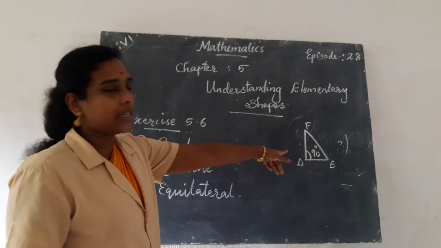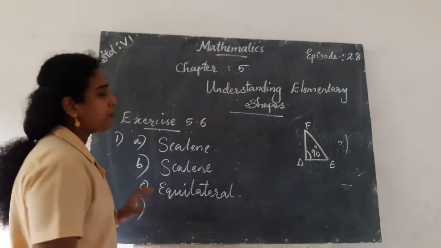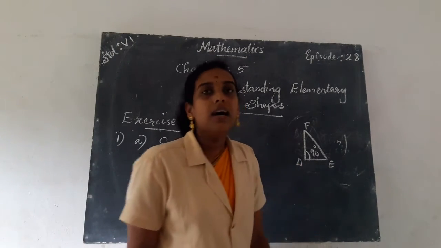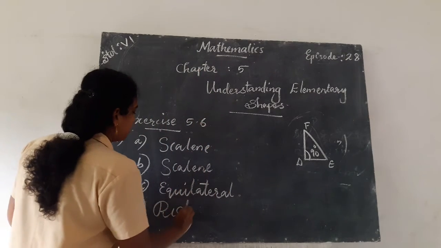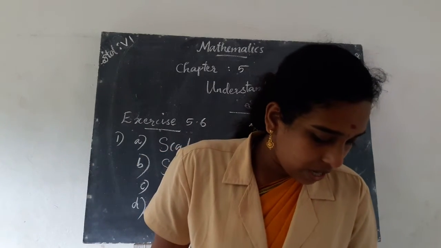One of the angles is 90 degrees, then the triangle is a right angled triangle. So the answer is right angled triangle.